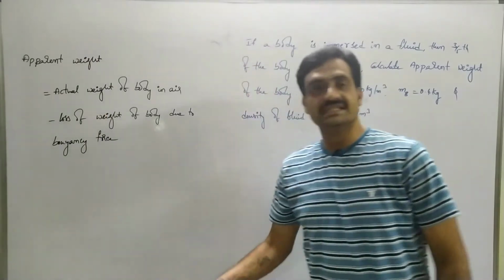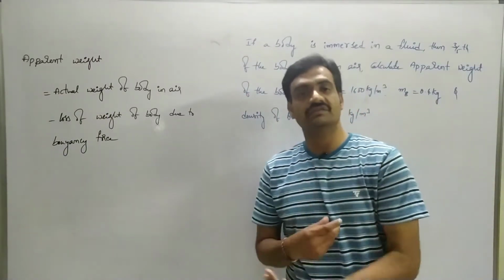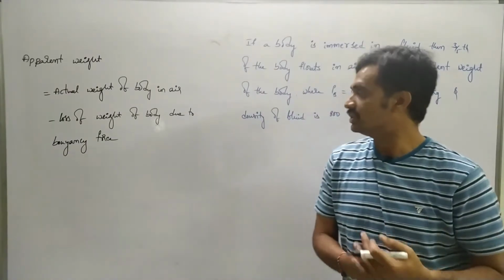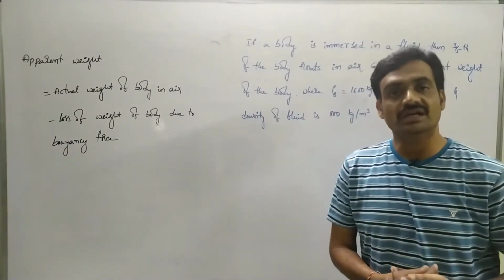So here apparent weight is nothing but the actual weight of the body in the air minus the loss of weight of the body due to buoyancy force acting on the body.